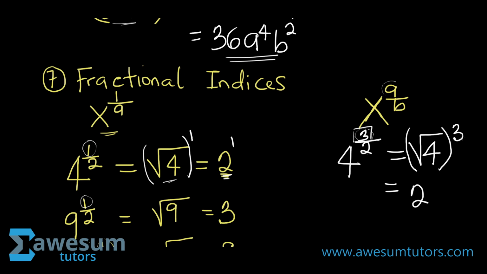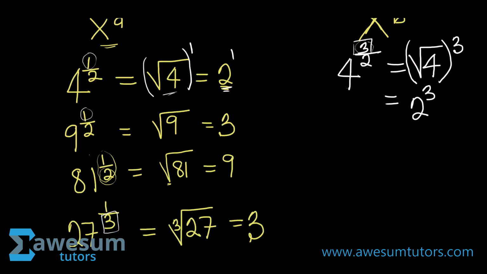And remember, you have raised to the power of 3 right here. Then you bring that down, raised to the power of 3, okay? And now if you take a look at this, 2 raised to the power of 3 means 2 times 2 times 2. The answer is going to give us 8. 8 is our final answer.